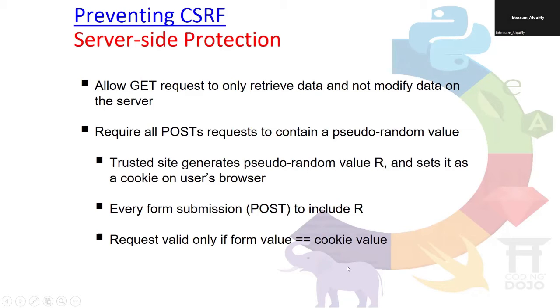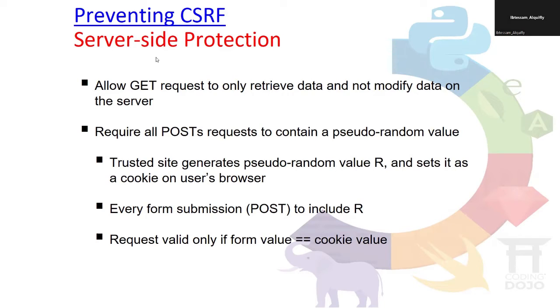So on the server side, we will have a condition that says this transfer request will be acceptable if the value that comes with the request is equal to the cookie value that we initiated for you in the first place. If this number doesn't exist, we will not accept your request.